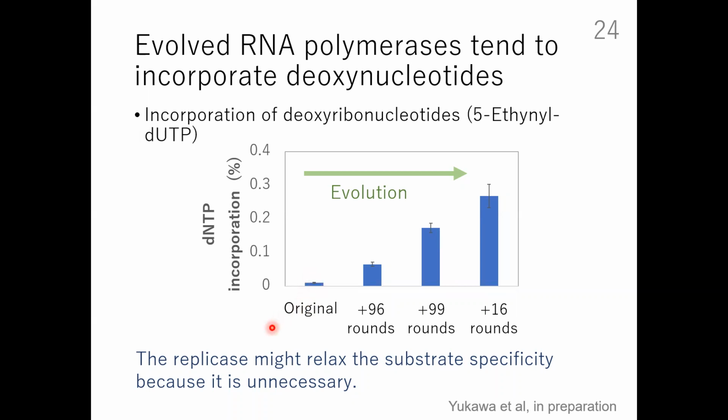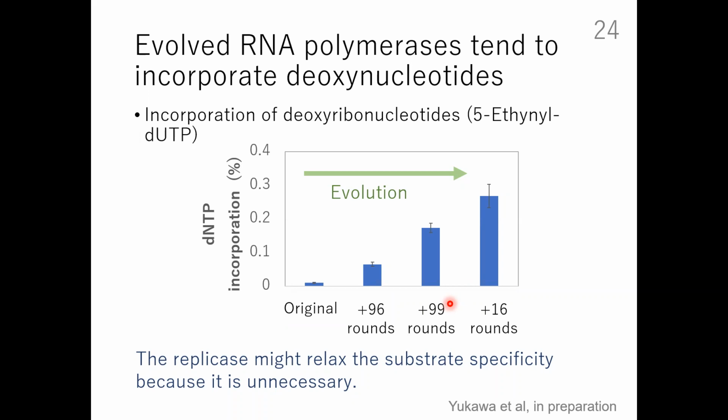The original RNA polymerase usually works in the cell, and in the cell there is a large amount of dNTP. So the wild type RNA polymerase has to distinguish between NTP and dNTP. It's essential. But the in vitro evolutionary conditions we used do not contain dNTP. So in that environment, the RNA polymerase does not need to distinguish dNTP and NTPs.